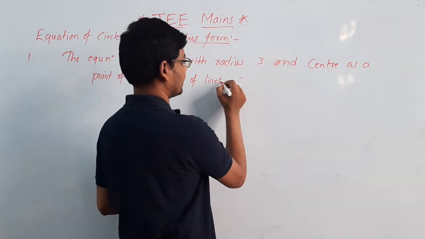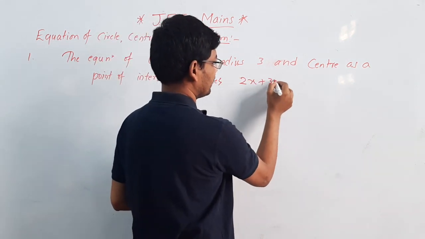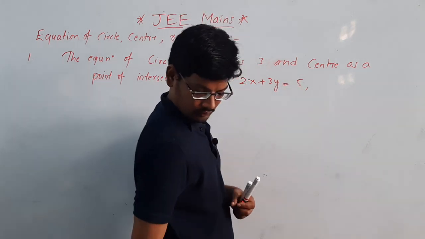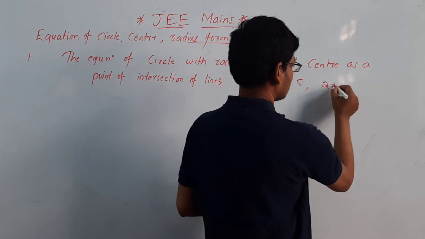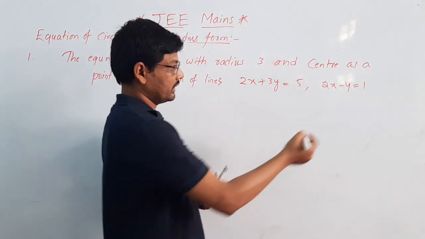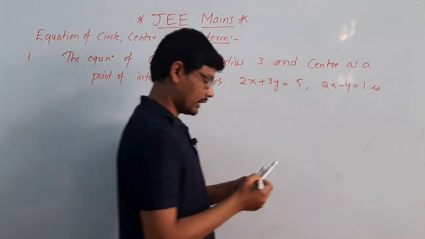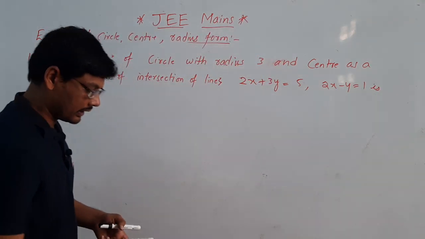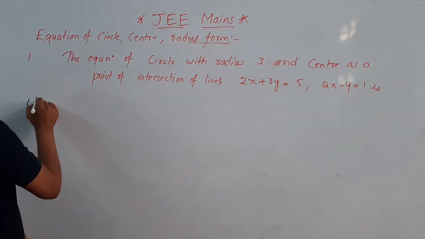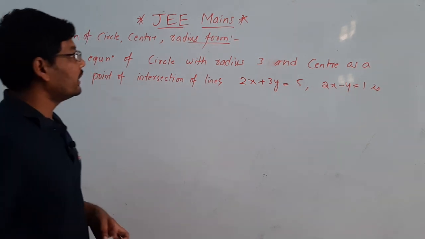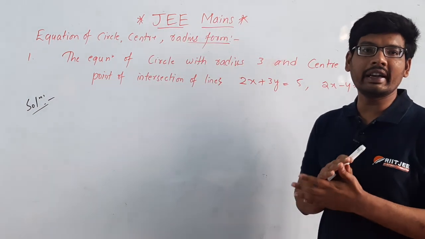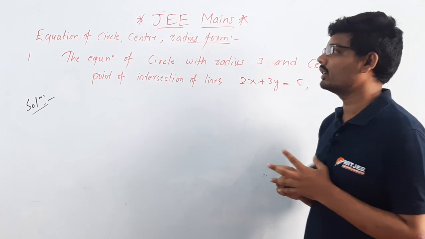He has given two lines, 2x plus 3y is equal to 5 and 2x minus y is equal to 1. I am not writing the options here, only the question. So you need to observe the material here. I am just solving the question.